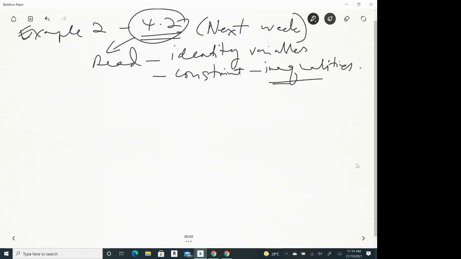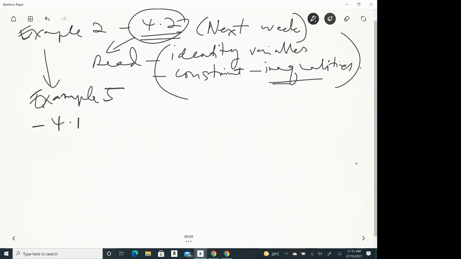So in order for you to do this, to get the inequalities, it's the same example. You refer back to the example in 4.1. Dia sama aja.